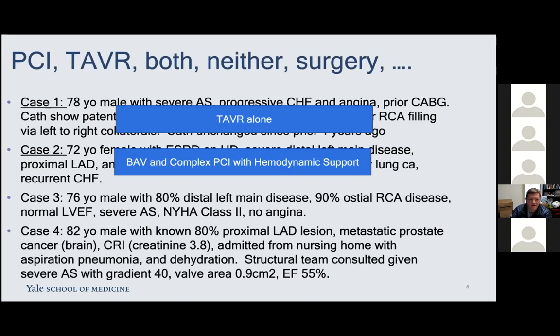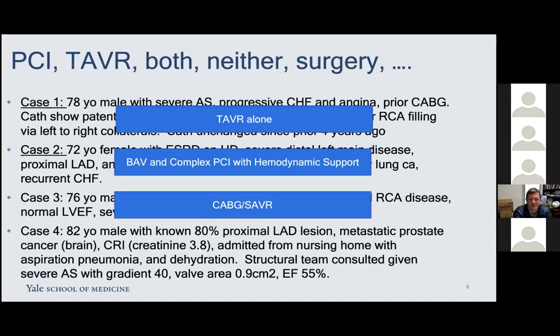And so when you have distal left main disease and ostial RCA disease, I think that... sent him for a CABG and surgical aortic valve replacement, and he did quite well. It highlights the importance of the heart team and having both surgeons and interventional cardiologists involved there.